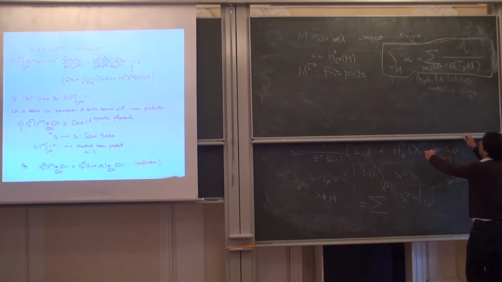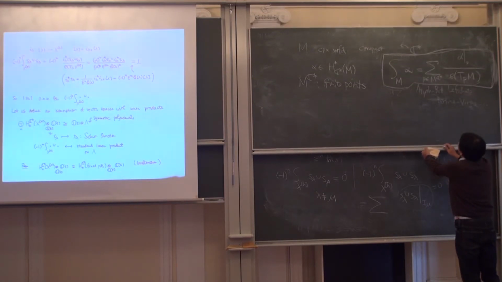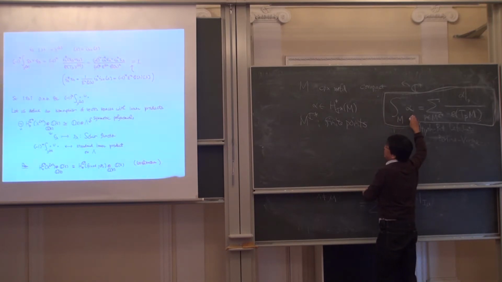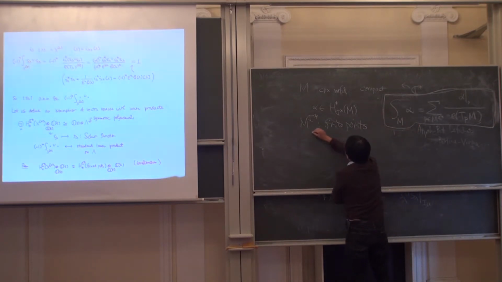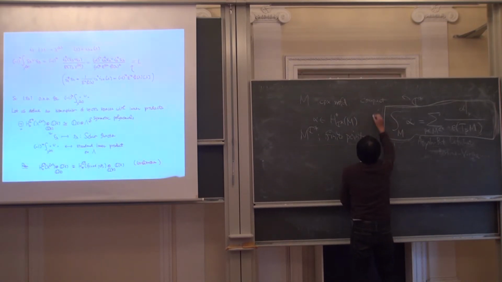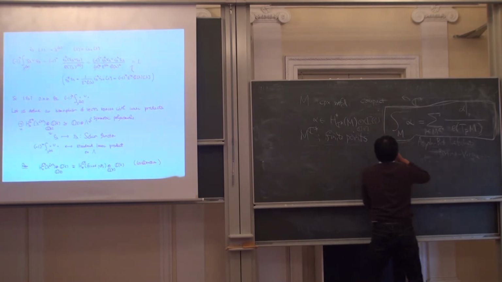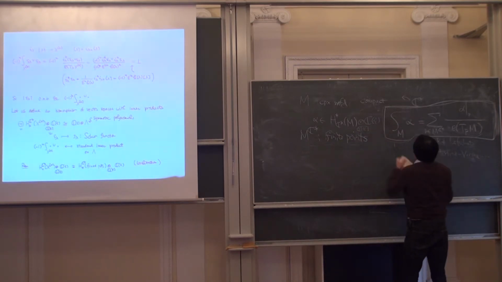By the way, I need to explain this. In this expression, I assume this to be compact. Otherwise, the left-hand side needs care. You don't need this assumption if you replace this by something else, but then the left-hand side may not be defined; you must be a bit careful what it really means.